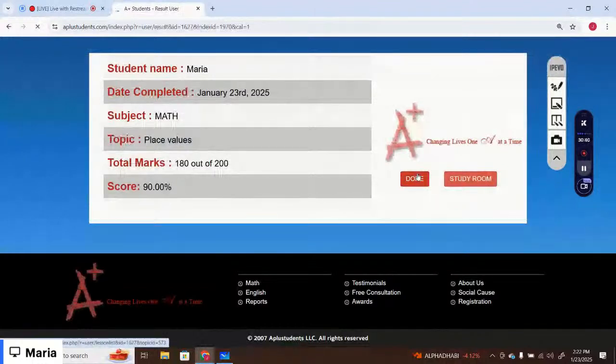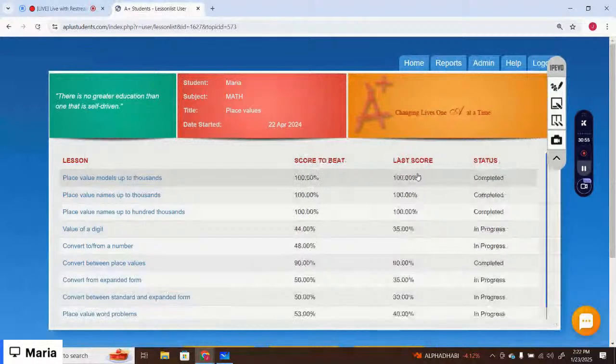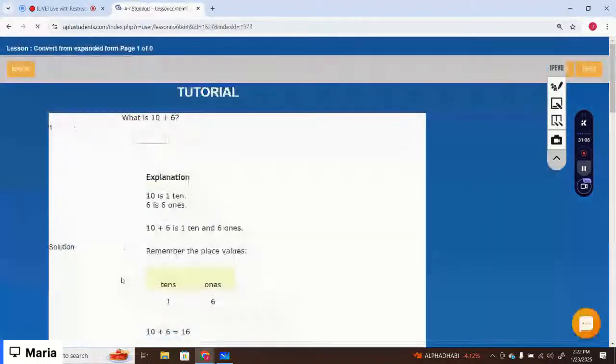The next lesson is convert from expanded form.